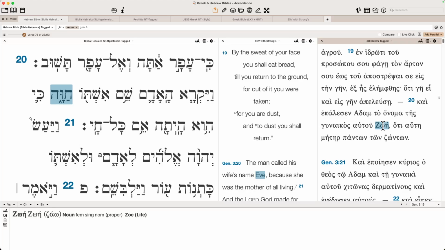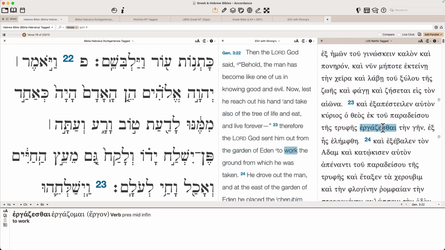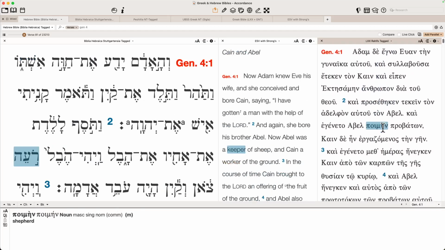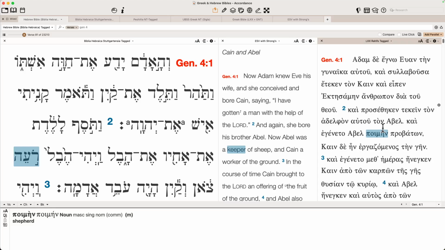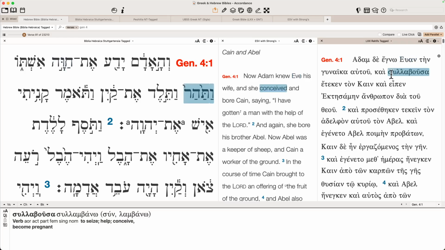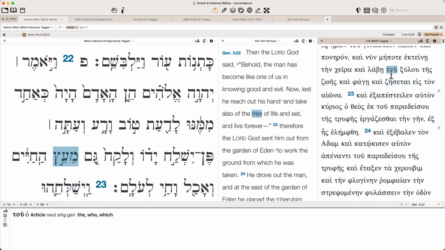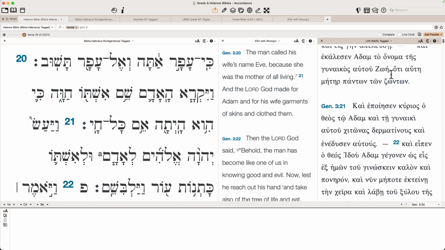Now, the Septuagint doesn't always do that. Sometimes they'll transliterate the name. Here they're trying Hava. I guess that's as close as they could get to the sound, but they're recognizing the principle that we're seeing here.